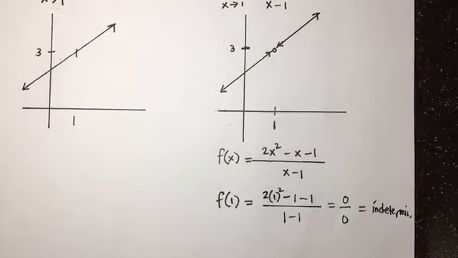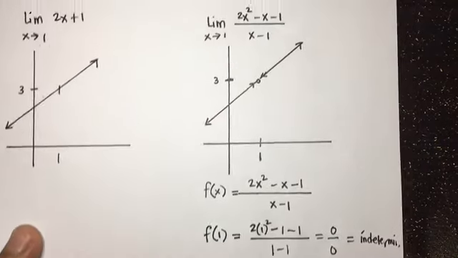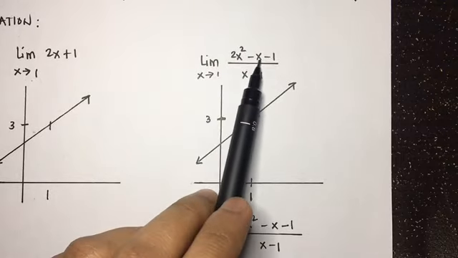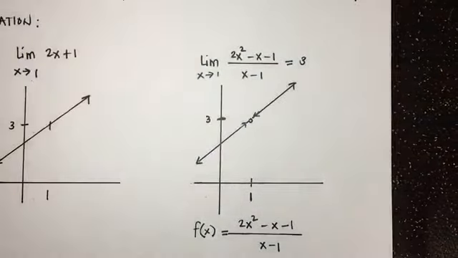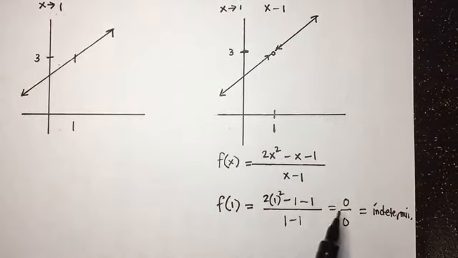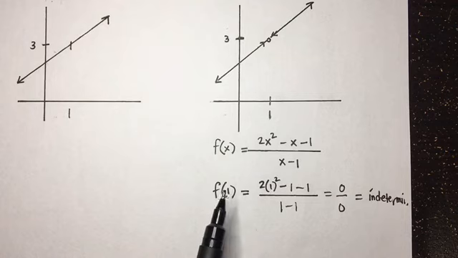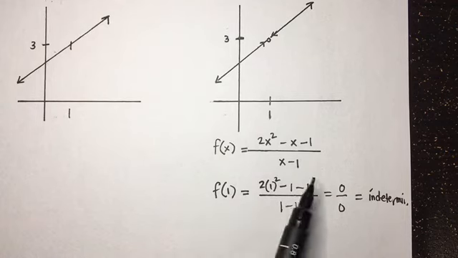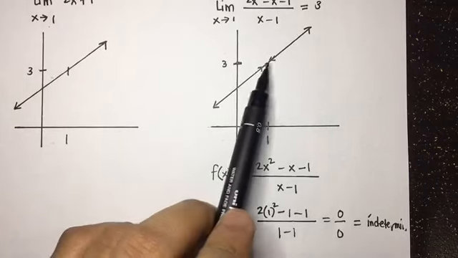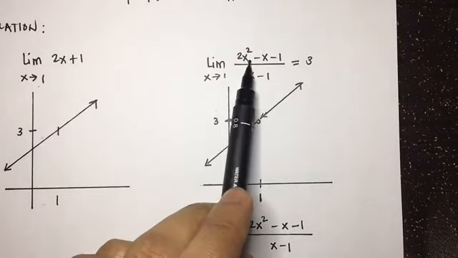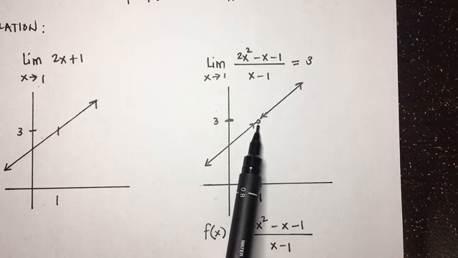But if we use limits to evaluate this function, the limit of 2x squared minus x minus 1 over x minus 1 is equal to 3. That's the difference between functions and limits. The function gives the value at the given point, which in this example is indeterminate. However, its limit as x approaches 1 is 3.